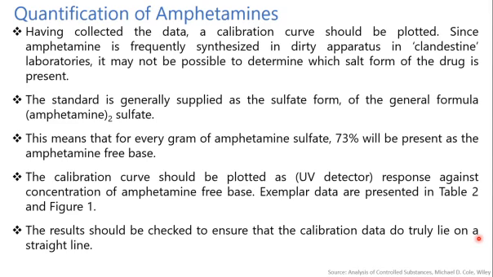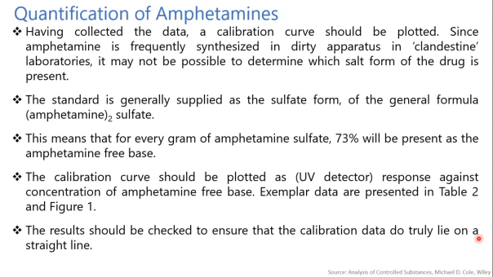This means that for every gram of amphetamine sulfate, about 73% will be present as the amphetamine free base, and the remaining will be the salt. The calibration curve should be plotted as UV detector response against concentration of the amphetamine.